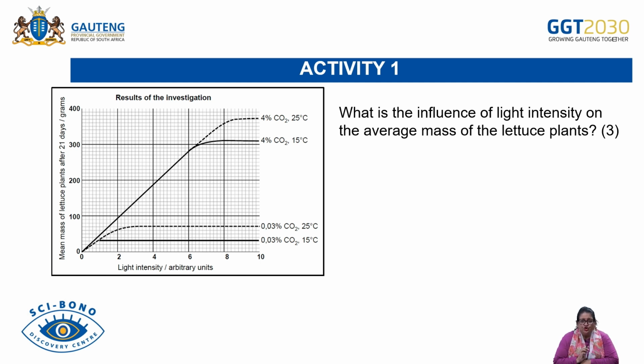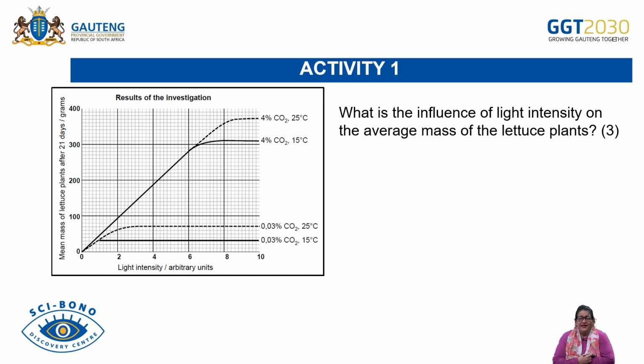I'm going to give you 2 minutes to take some time to answer the question before we look at the answers. What is the influence of light intensity on the average mass of the lettuce plants? 3 marks. Please try to answer this question, children.